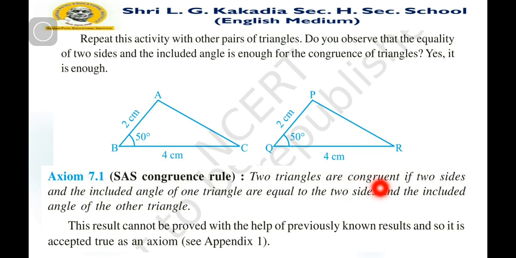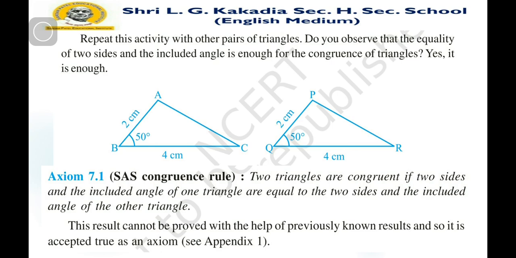Two triangles are congruent if two sides and the included angle between these two sides of one triangle are equal to the two sides and the included angle of the other triangle. These results cannot be proved with the help of previous known results, so it is accepted as true as an axiom.